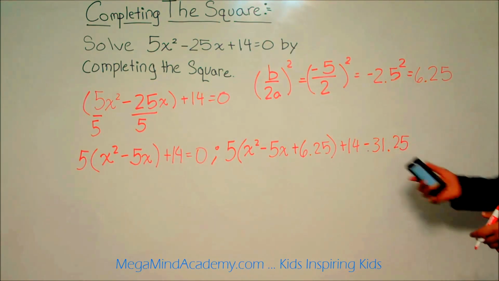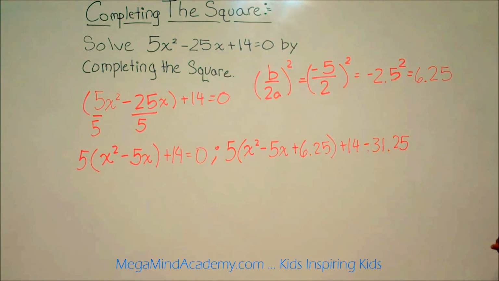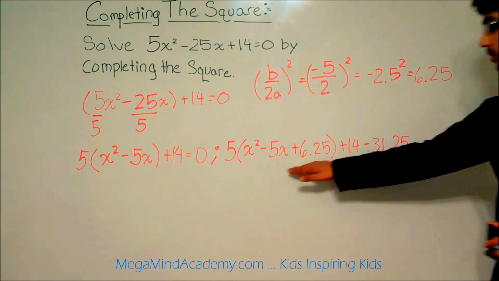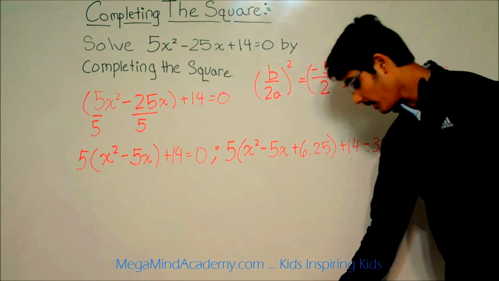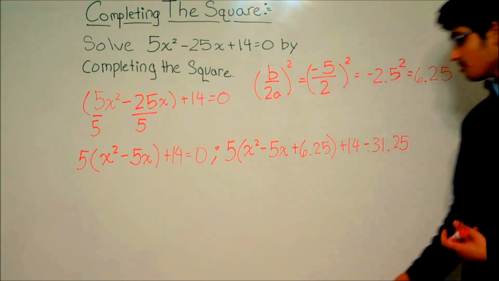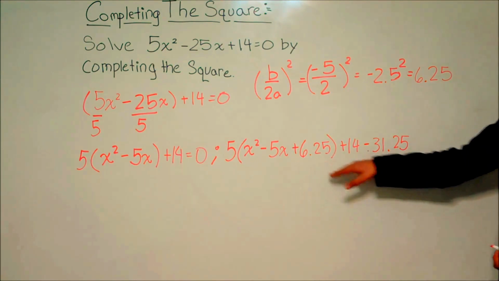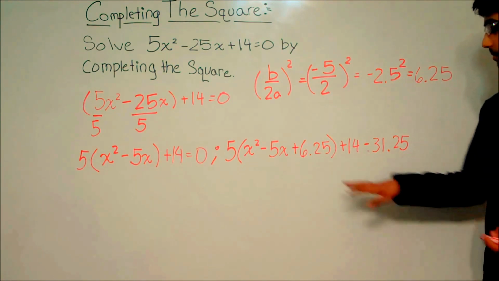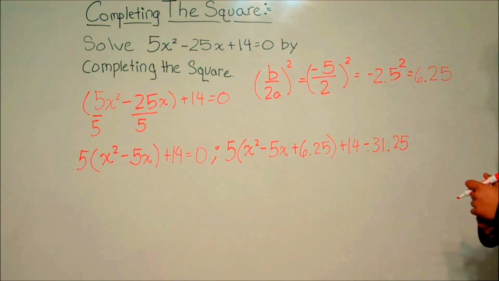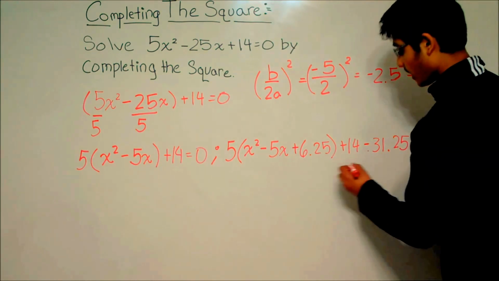So minus 31.25 to get rid of this 31.25 that we're adding here. Now, it might seem a little useless to add the 6.25 here and subtract 31.25 here, because we're doing nothing. But this actually is a key step in completing the square.